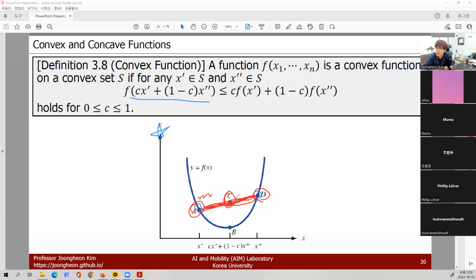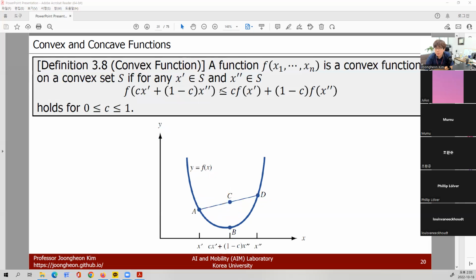Suppose that C is the point on the line AD, and C is always on top of B. B is the value on top of the function f, and then we say that the function is convex.